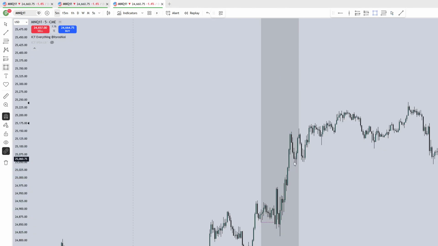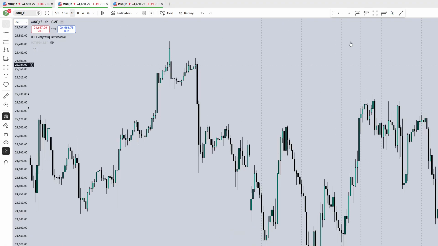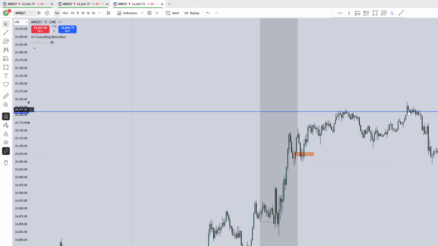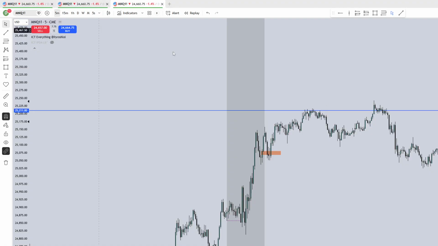But we get one more leg here. And then you can long here or here. Target the edge of the leg or this internal range. So that was Wednesday.